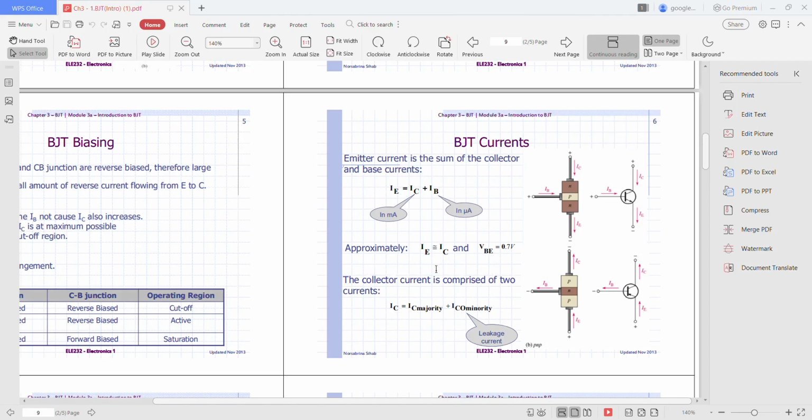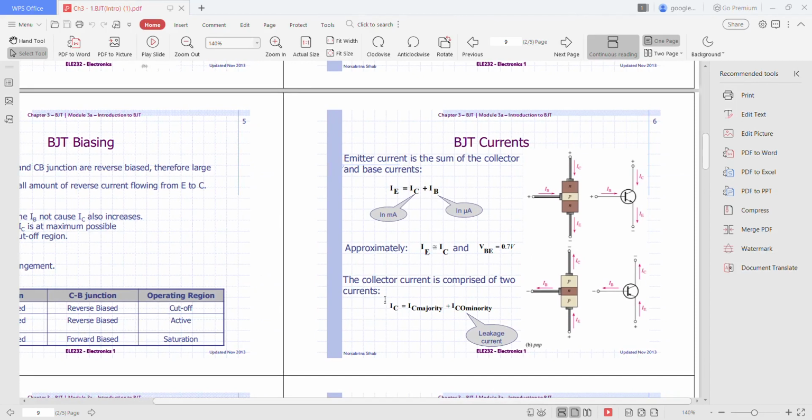The assumption that we can make is that IE is approximately IC and VBE is equal to 0.7 volt. Usually VBE is 0.7 volt. It depends on the configuration. If you use another configuration, VBE might change.